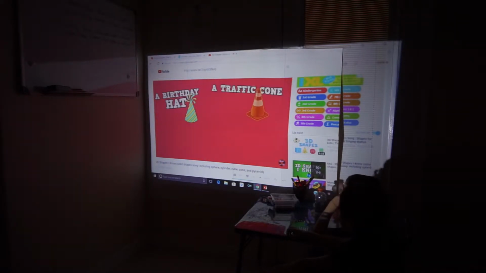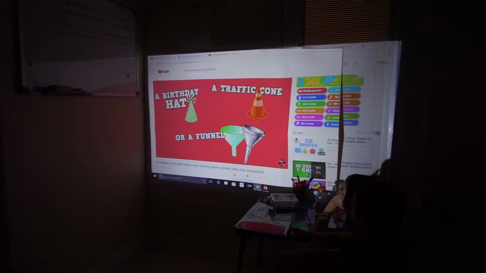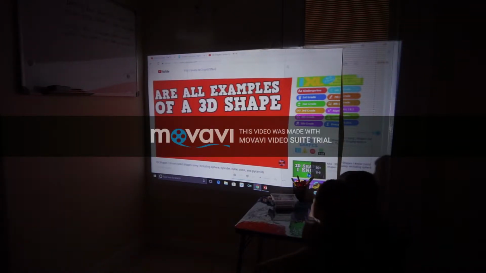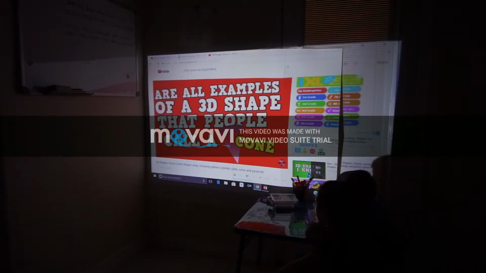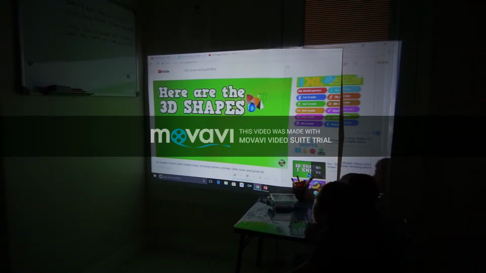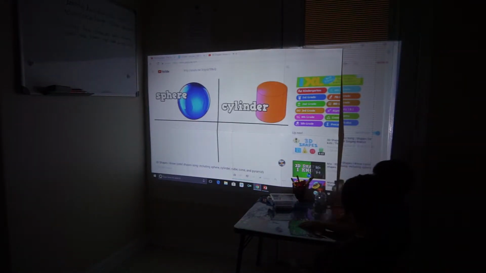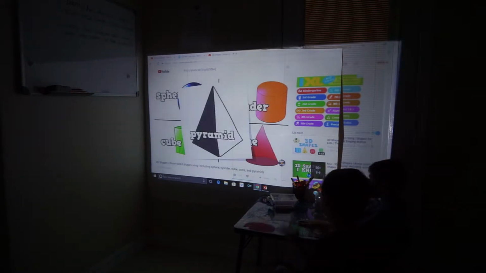A birthday hat, a traffic cone, or a funnel in my home are all examples of a 3D shape that people call a cone. Here are the 3D shapes that I know. A sphere, a cylinder, a cube, and a cone.